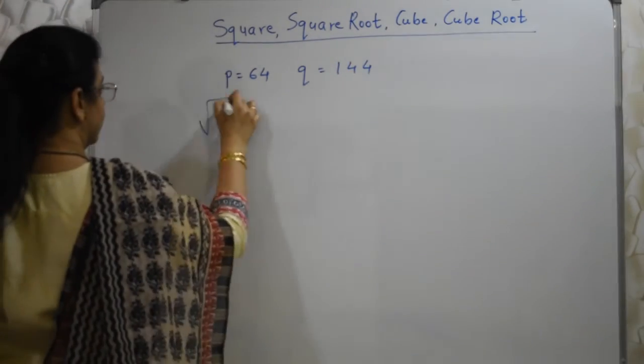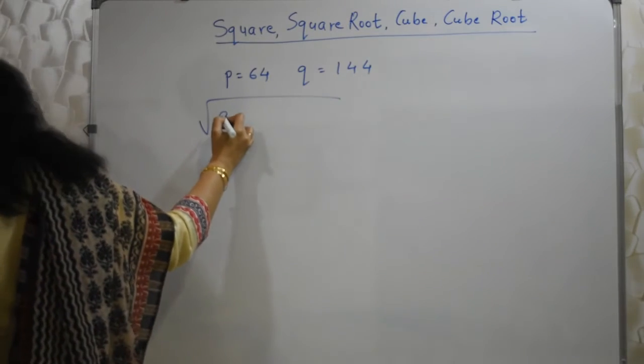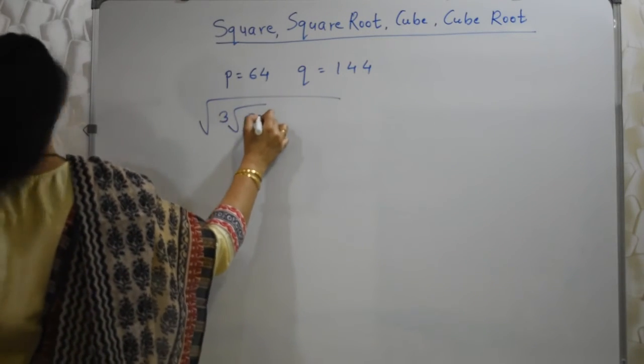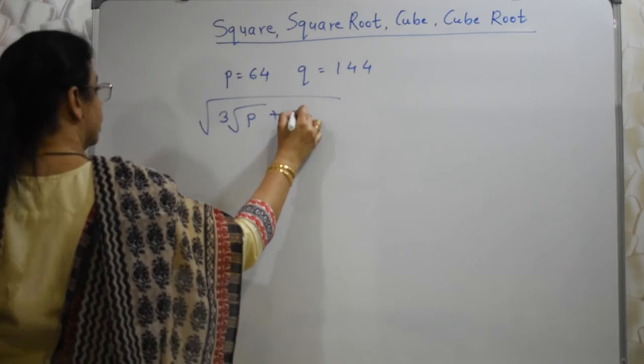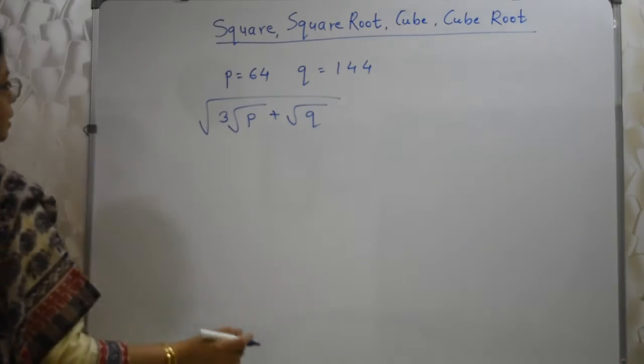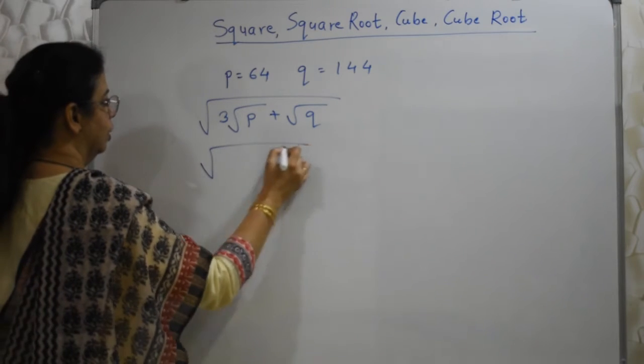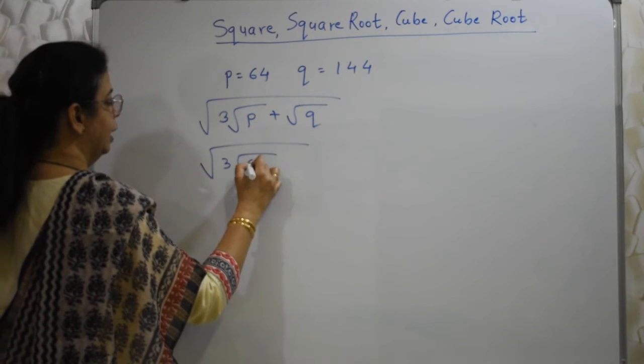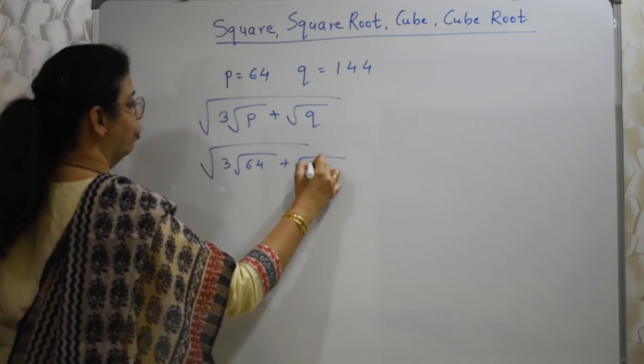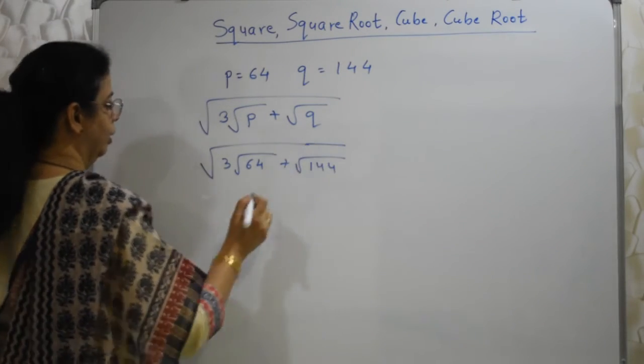Find this: 3 P plus Q. Very interesting. First, substitute these variables with the values. 3 P कितना है? 64. Q कितना है? 144. Okay.